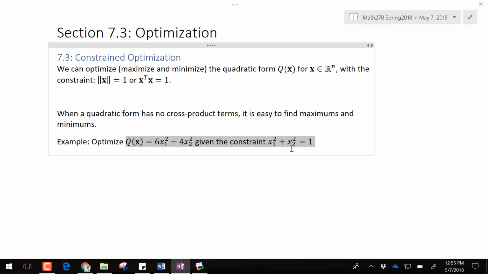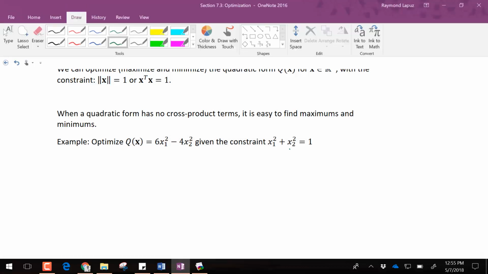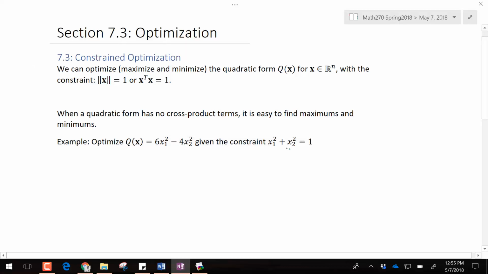So let's see. Do you think that substitution would work? Let's try a substitution by solving for x2 in your constraint. So x2 squared is equal to 1 minus x1 squared.